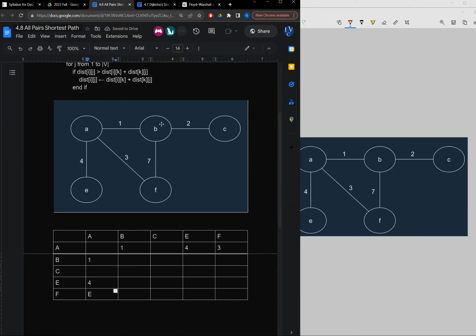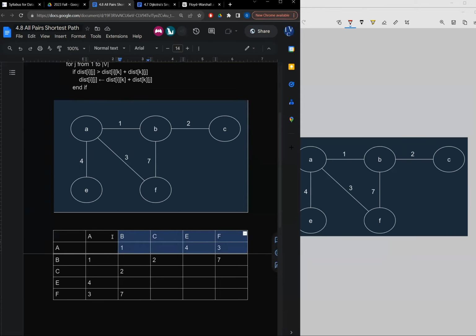All right, so we can go B, B goes to C for 2, and F for 7. C is already done. D doesn't exist, so we'll go to E. E is done, and then F is our last one here, so everyone should be already done by that point. All right, so let's double check. We have 1, 2, 3, 4, 5 edges in the graph.